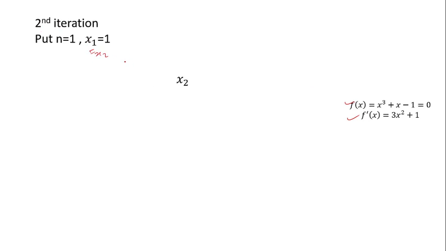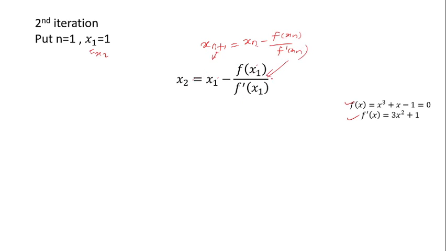So x2 is equal to, you put n equal to 1 in our Newton-Raphson formula x_{n+1} = x_n − f(x_n)/f'(x_n). If you put n as 1, 1 plus 1 is 2, so x2 = x1 − f(x1)/f'(x1). Now substitute x1 as 1: 1 minus f(x1) divided by 3 into 1 plus 1.